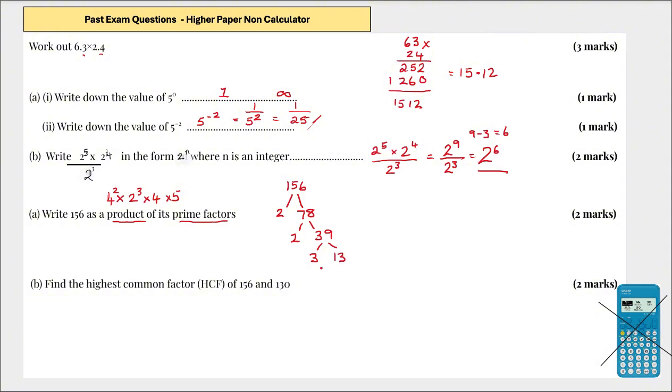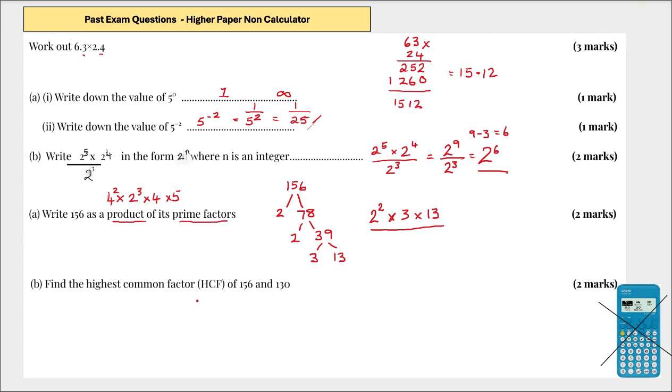Stop. Prime numbers, brilliant. And it wants you in the product, so how many 2's have we got? We've got 2. That's 2 squared, times 3, times 13. That's how they want you to give your answer, and that is your 2 mark question. How's about that? 2 marks for that.